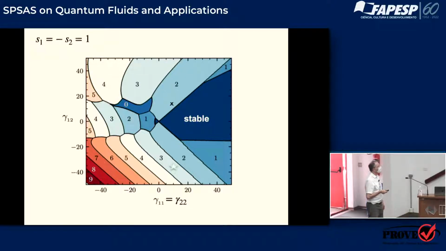Here I put this X that I will show in a minute, and here this is a star. So X, m equal 2 here, so it should break in 2 parts. And here, in this set of parameters, m equal 3, so it should break in 3 parts. So the most unstable mode is m equal 3. And here is a stable region.